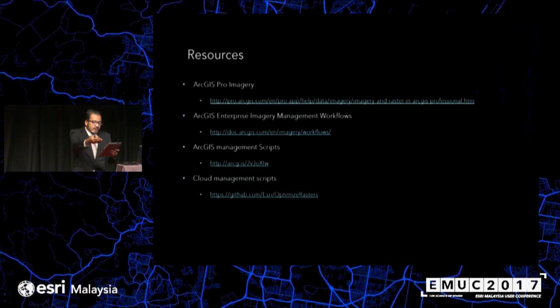Things like ArcGIS Pro workflows and scripts, there are a lot of Mosaic Python scripts out there that you can utilize in your ArcGIS Online, and finally bring your imagery into a cloud space.